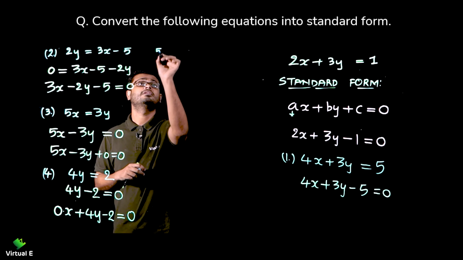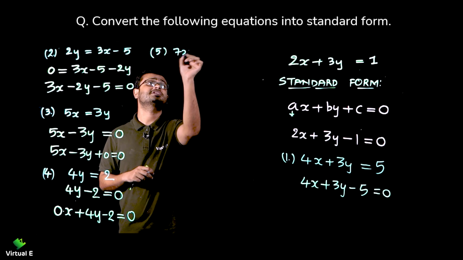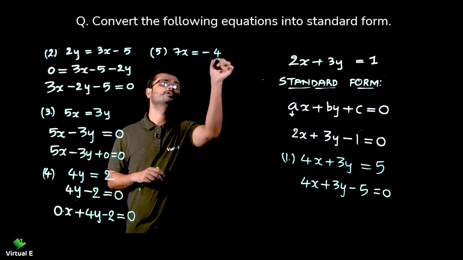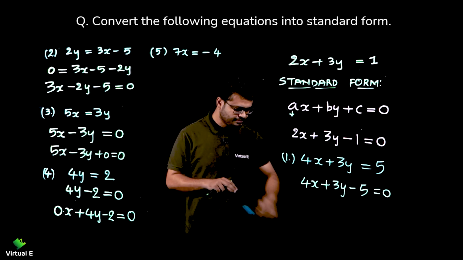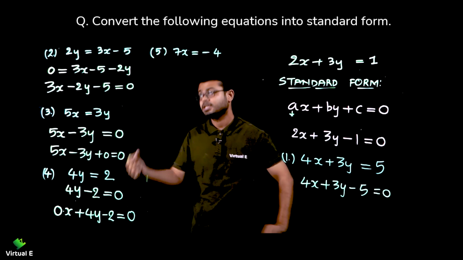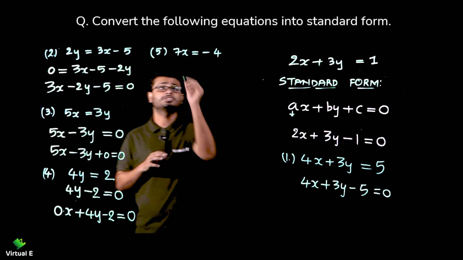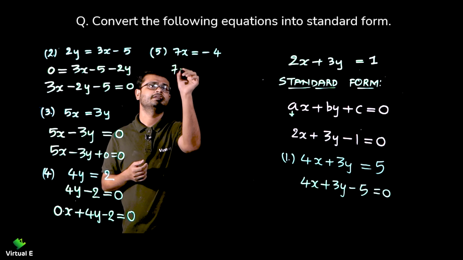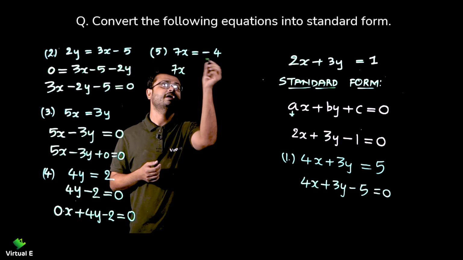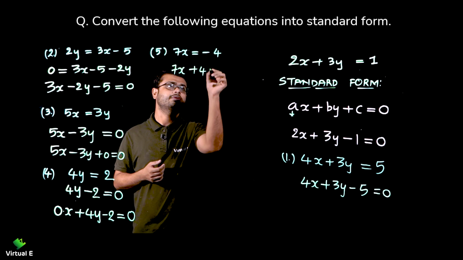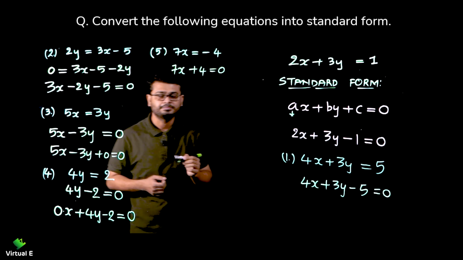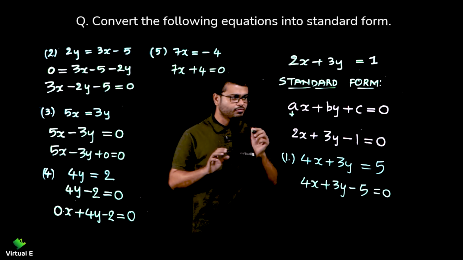Question number 5. So 7x is equal to minus 4. Previously we were not having x, now we don't have y. So let's approach it the same manner. 7x, here minus 4 will become plus 4 is equal to 0. Now we don't have y, so what will we do?